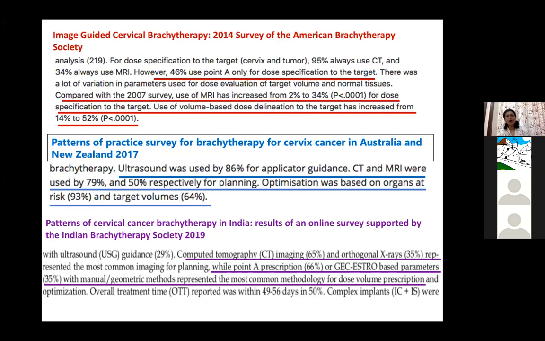If we come to our Indian scenario, then about 1/3 people still use orthogonal X-rays and the rest are using CT imaging. Point A prescription is still being followed by a majority of centers, that is 2/3 are still following the point A prescription. And the most common methodology for dose prescription, again, is point A using the manual and geometric methods.